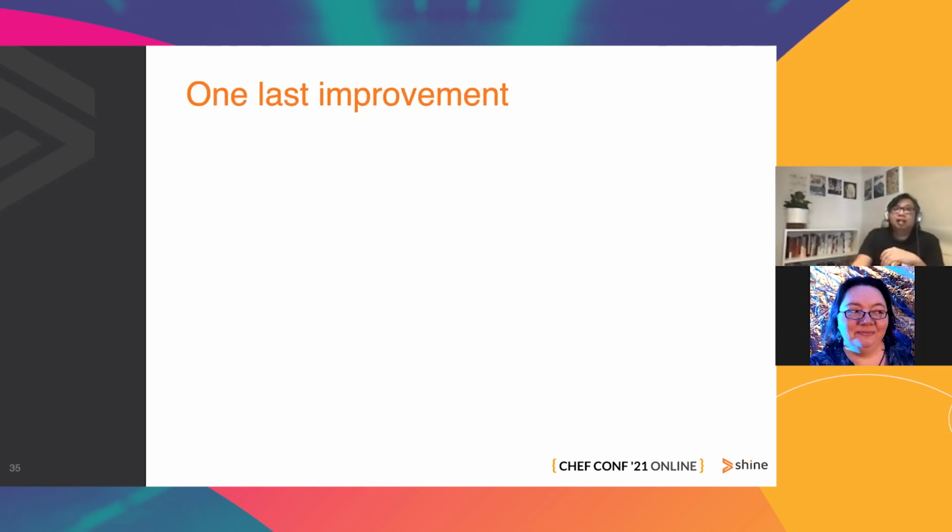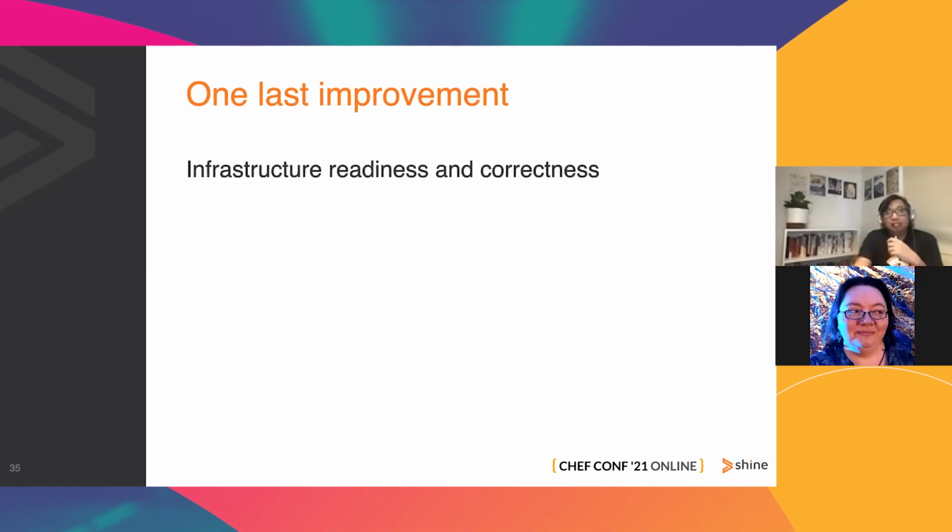So after knowing that all these community solutions for CIS benchmarks already existed, combined with our Inspect AEM security, the last improvement that we made was more on the non-technical side, more on the mind side.